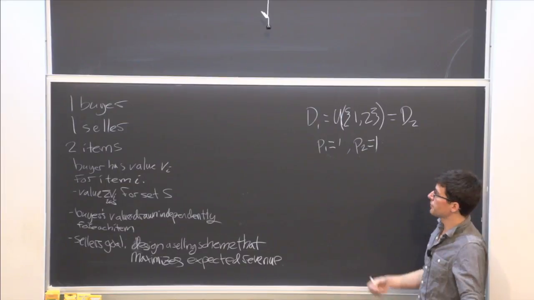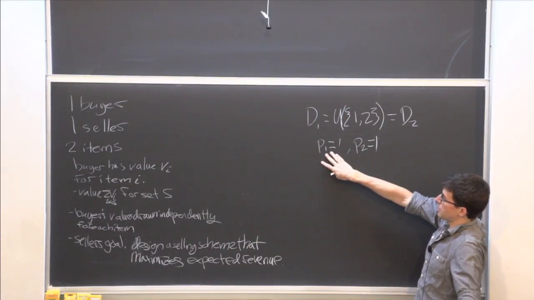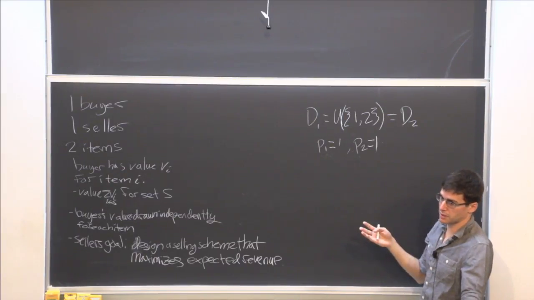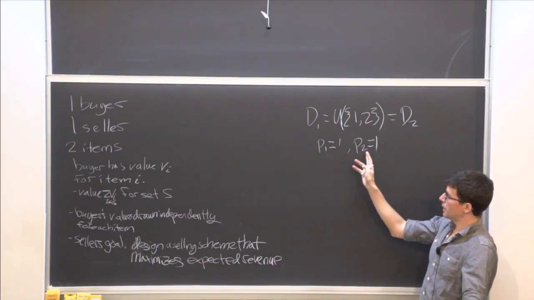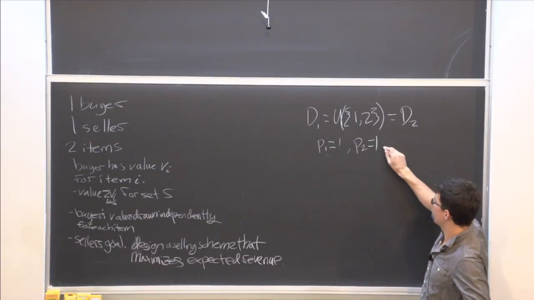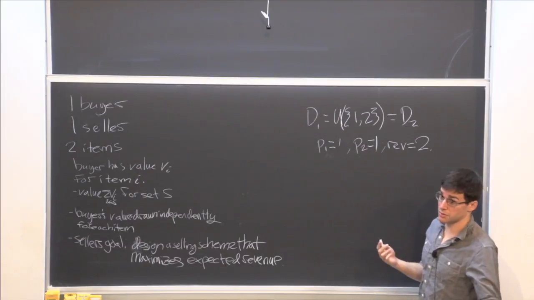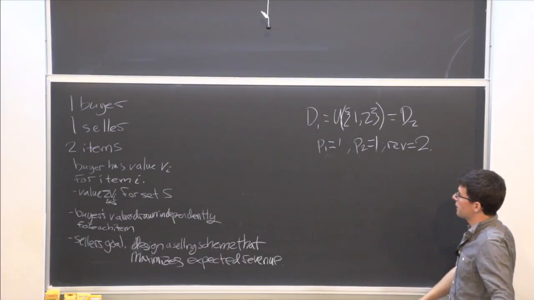If you set a price on item 1, you can set either price 1 or price 2. They both give the same expected revenue, which is 1, and ditto for item 2. So the revenue you get from this is 2.